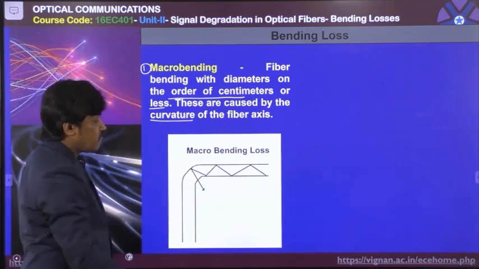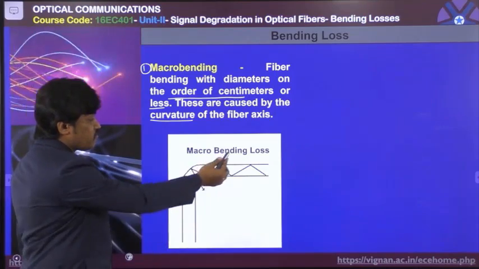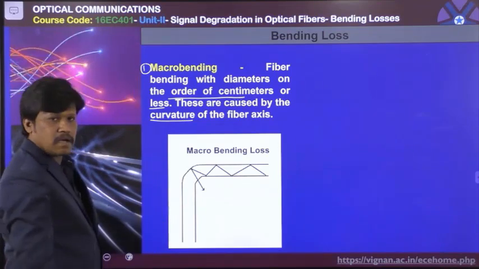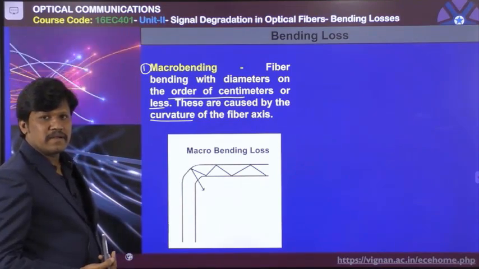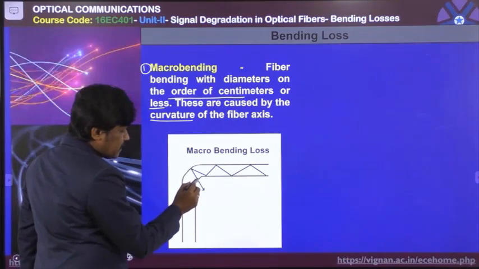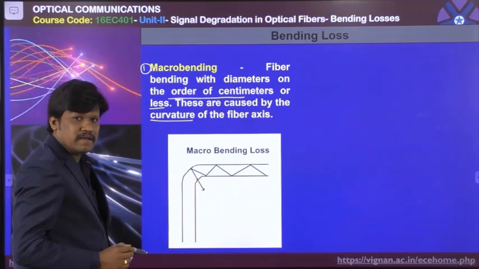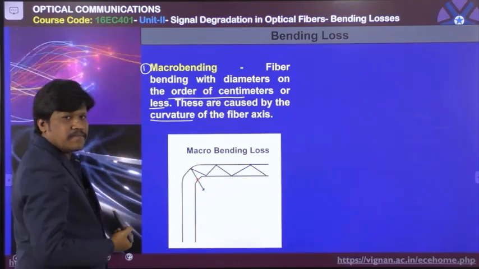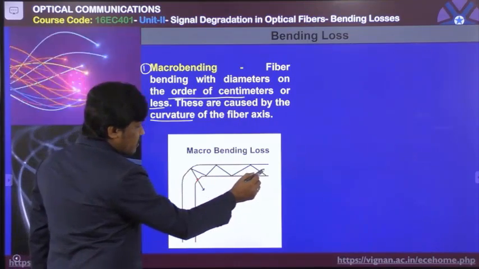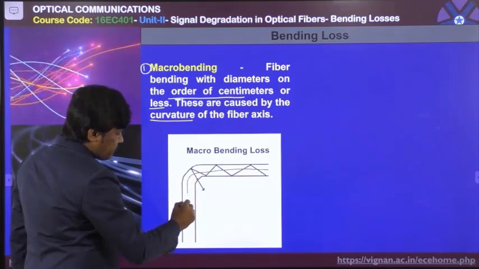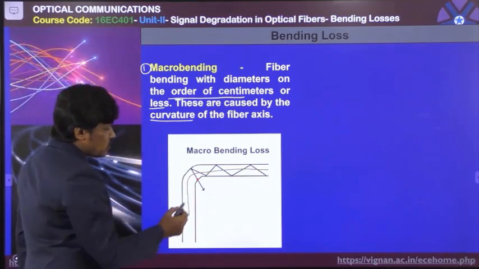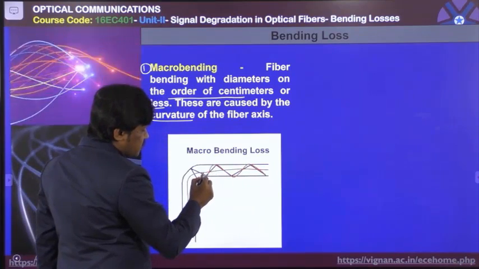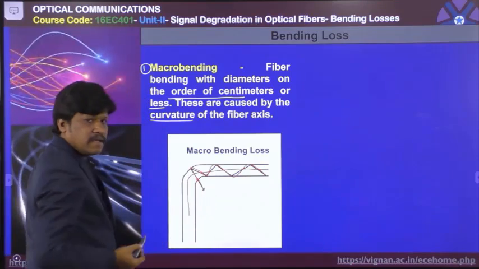This is the representation of microbending loss. You can observe there is a sharp bend in the optical fiber cable. Because of this sharp bend, the radius of the curvature will increase or decrease inside the fiber axis. We already know that fiber optic cable works on the principle of total internal reflection.